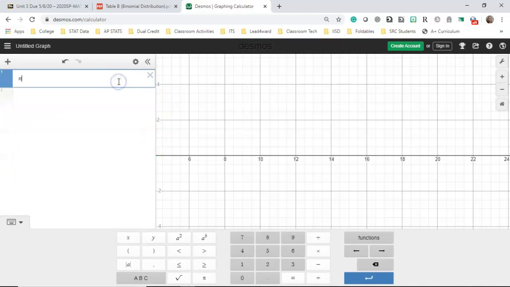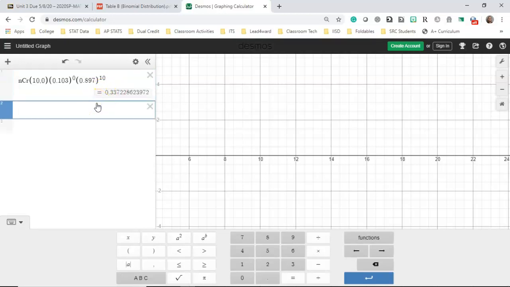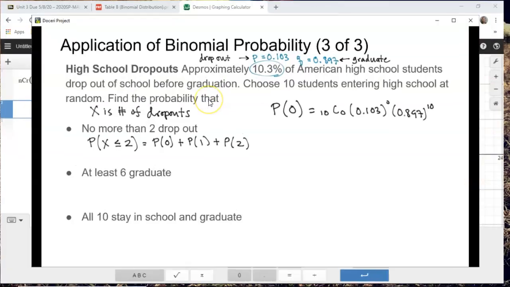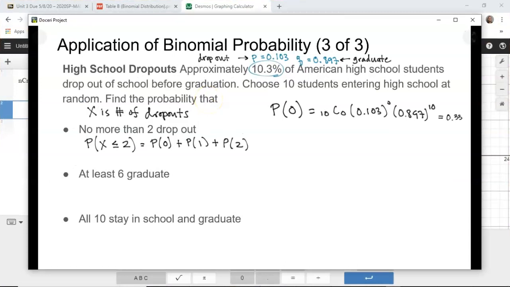All right, so we want nCr 10, 0, and then 0.103 raised to the 0th power because none dropped out, and then 0.897 raised to the 10th power. So that's one of the values I need. It's not the only value I need, because we've got to find the other 2.